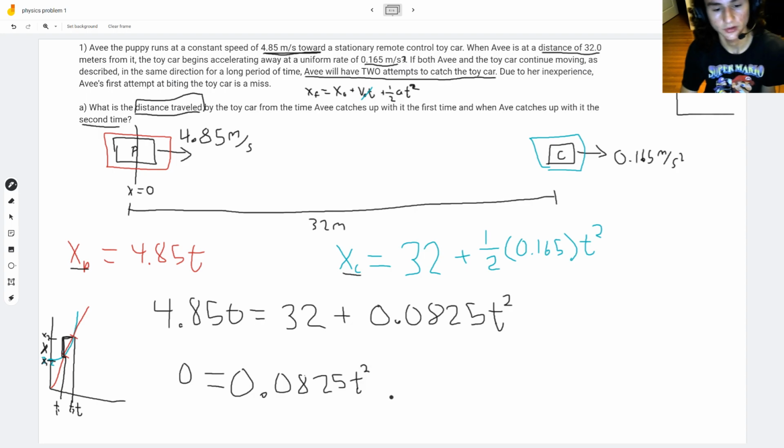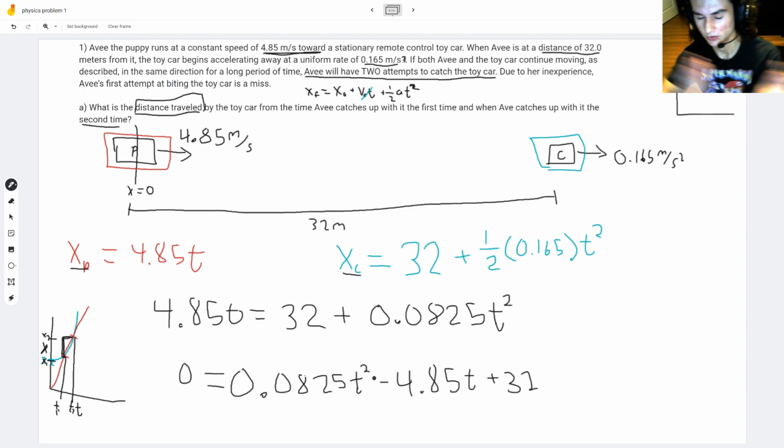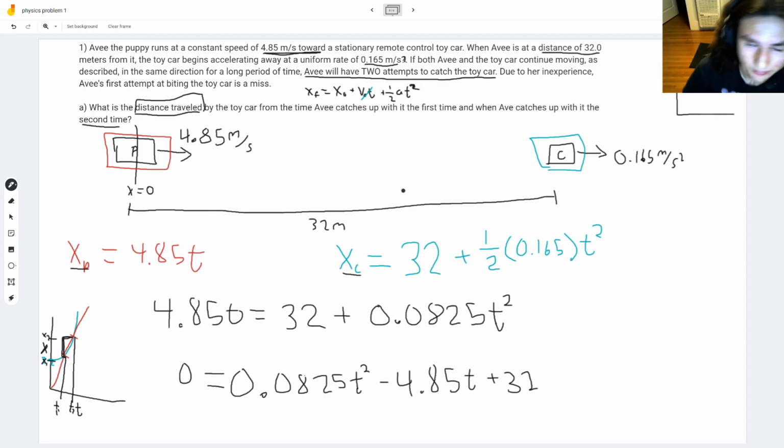Again, I should be drawing a little thing on that. Since we subtracted 4.85, we have negative 4.85t. And then we're going to still add 32 on the end, but there's no t next to it. So we're not going to really be concerning ourselves with this because it's on the far end, so we're not going to be putting it towards the top. But that's just organization. But yeah, this will make it easier because now we're going to do the quadratic formula.